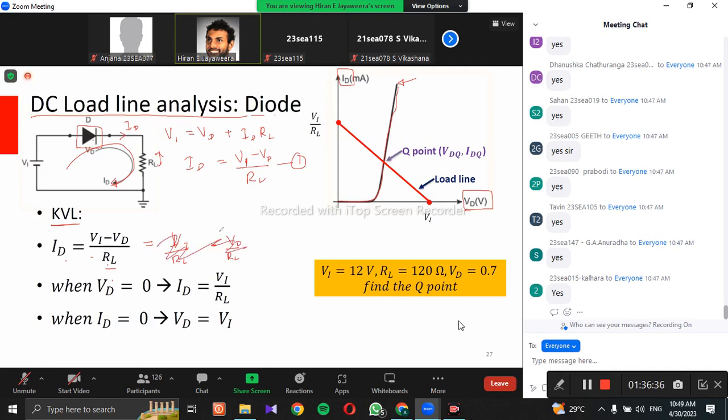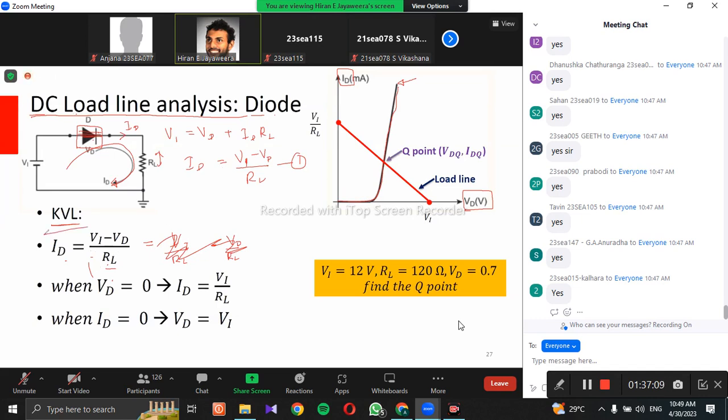So when you remove the diode from the system, it's a linear behavior the system has, right? But the effect from the diode comes in through the voltage, right? So that's what we have mentioned here. Then what we do is draw what we call the load line. The load line is the system behavior if you forget about the nonlinear behavior of the diode.